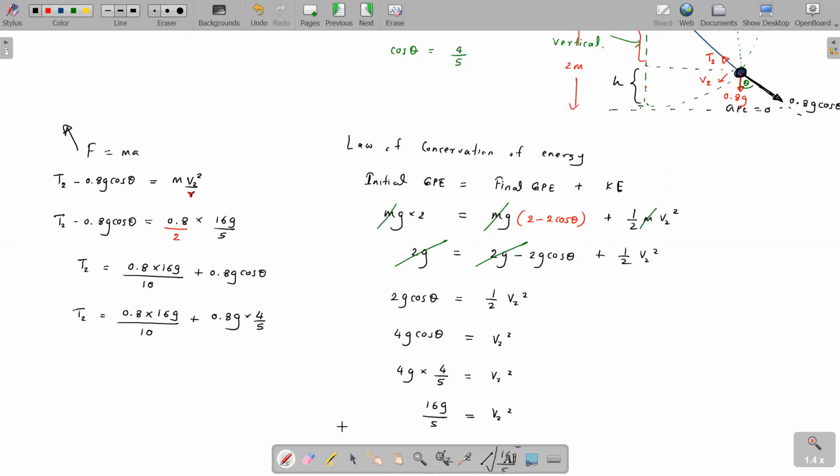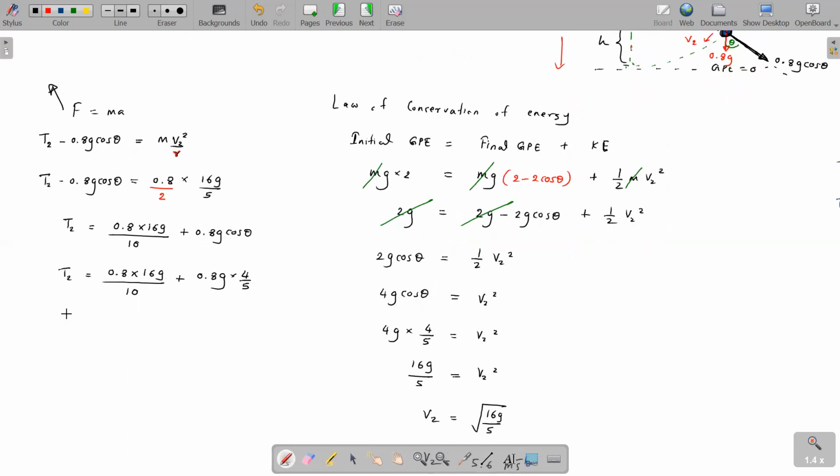So give the g value as 9.8 and you should get the tension. T2 is the tension at that point. So how much is it? Let's check it again. All right, yeah, so it's 18.816, right? 18.8 Newtons, corrected to 3 significant figures.